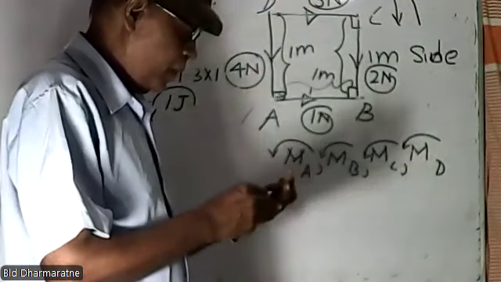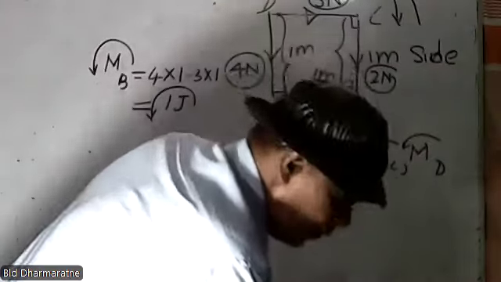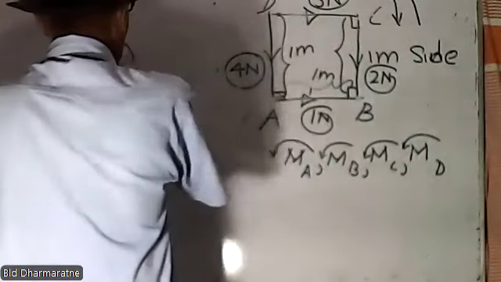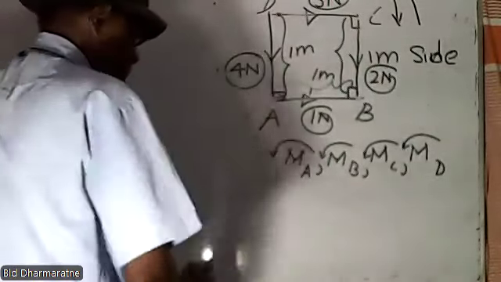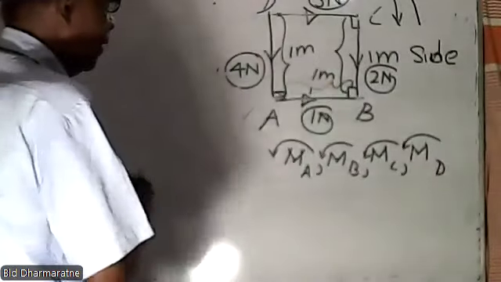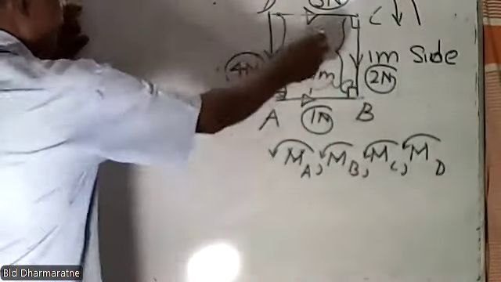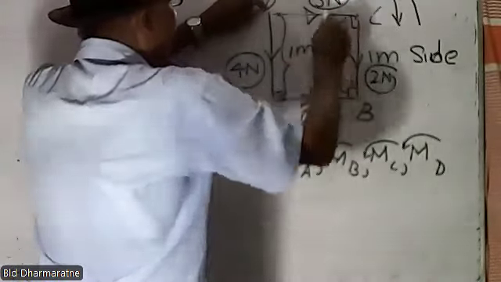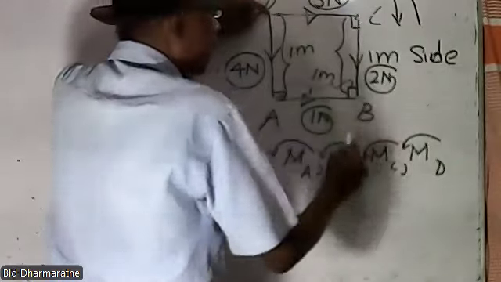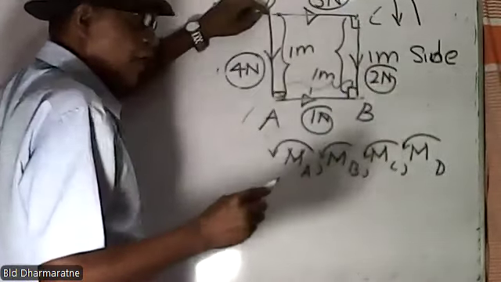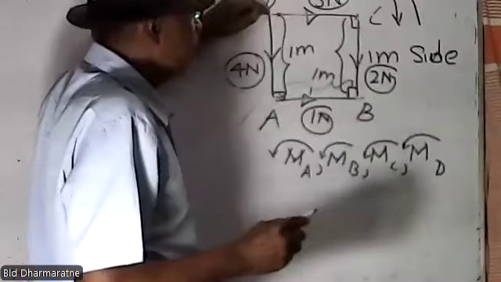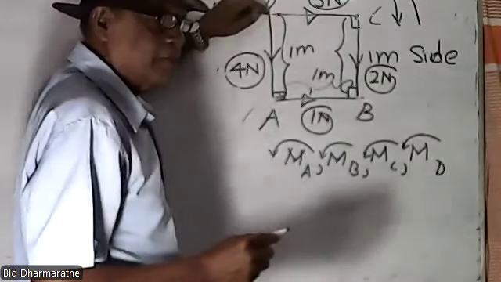Right. Now we get MC. How are we getting this one? C is the point. The forces going through the point have zero moment, so those two forces are neglected. That one is zero.